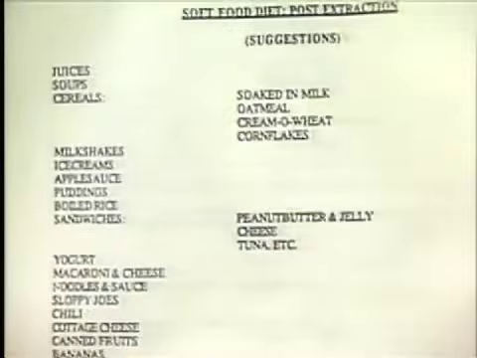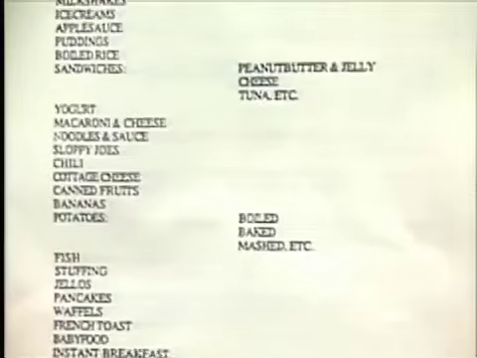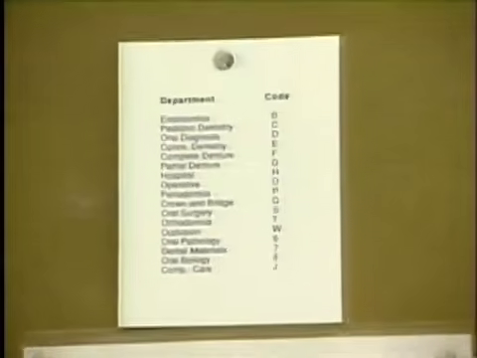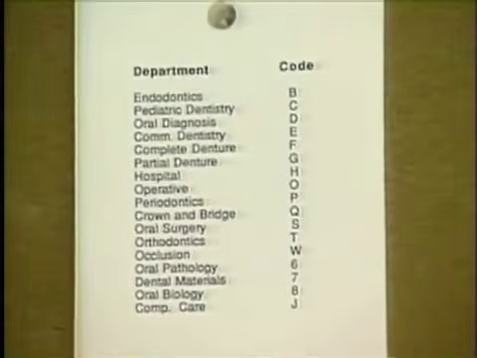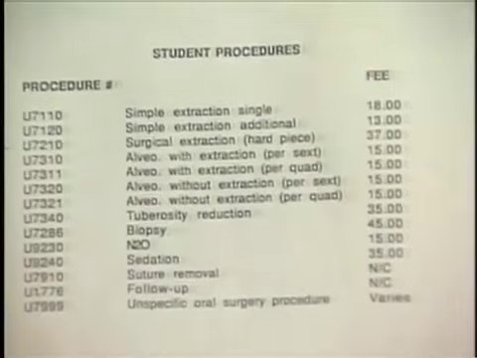A suggested dietary menu is also provided with this instruction sheet, and extra sponges to assist in hemostasis are also provided. The departmental code, as well as the surgical procedure code, are posted on the walls of the clinic.